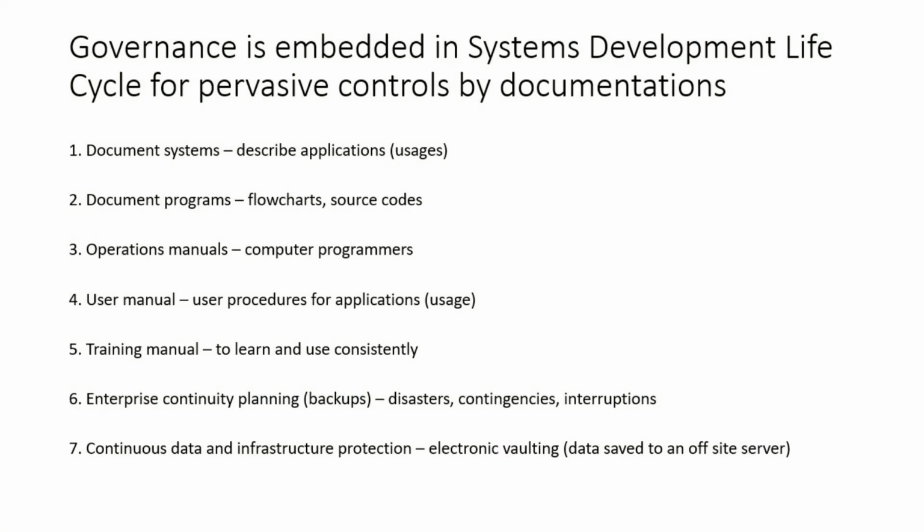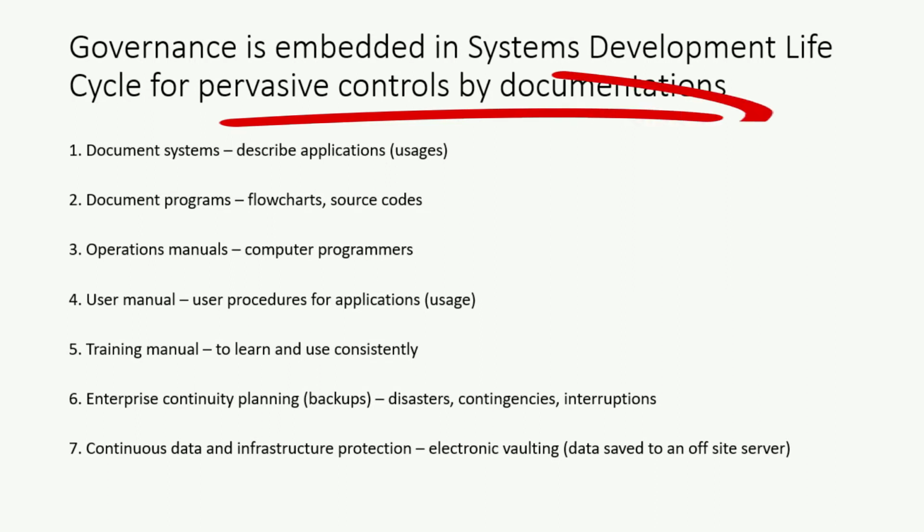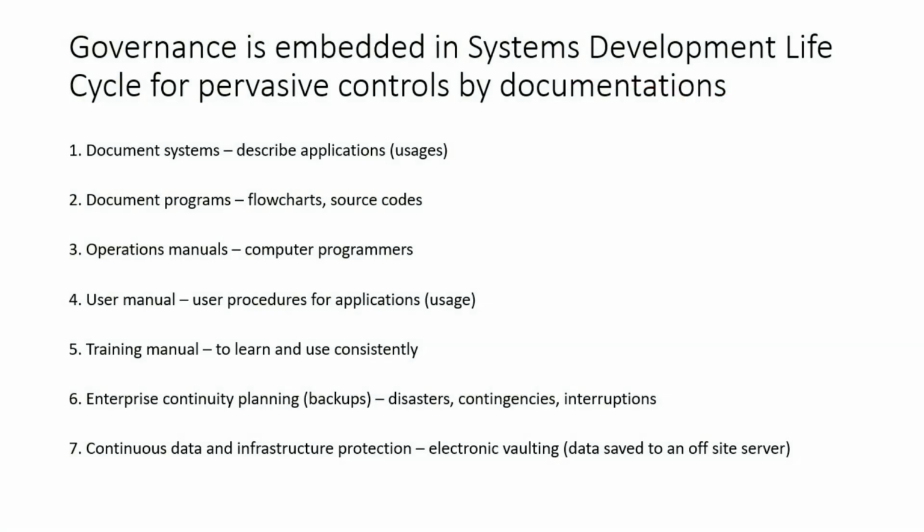Governance is embedded in the system development life cycle for pervasive controls by documentation. First, there should be documents related to the systems that describe the applications. Second, the documents should describe the programs through flowcharts and source codes.